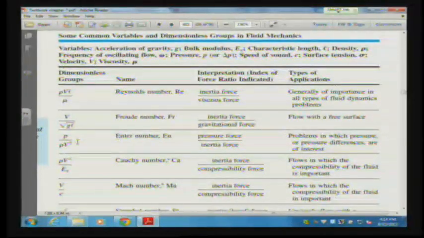The Euler number talks about pressure over inertia forces, and there's an important variation of the Euler number, which is called the cavitation number. And the cavitation number is required if we have a situation.